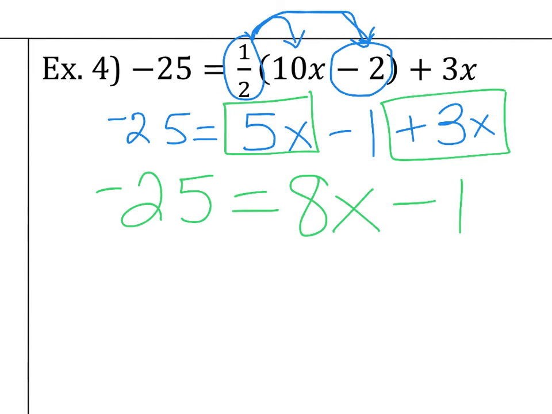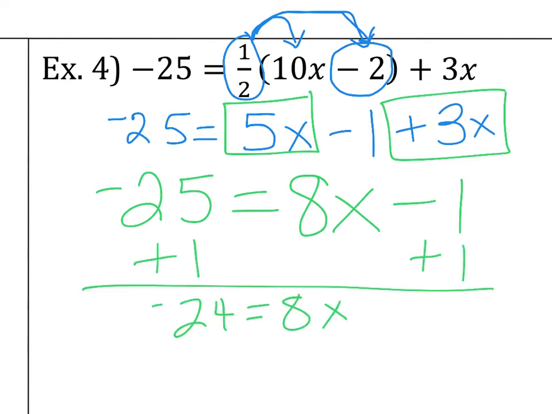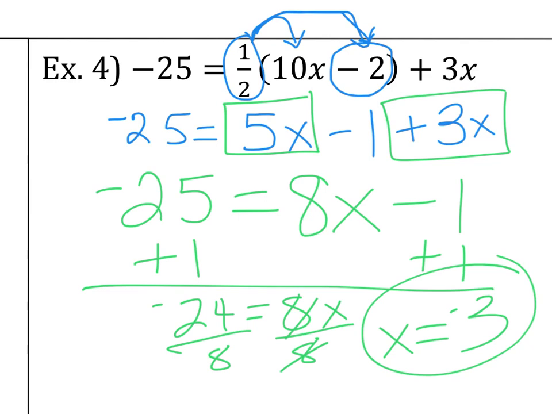Subtract 1. All right, pause your video. Work it out. I know you can do this. And then turn it back on and check it. All right, you should get x equals negative 3.